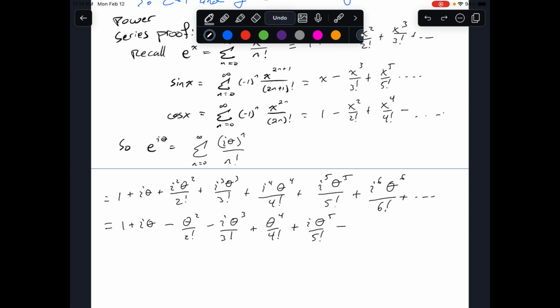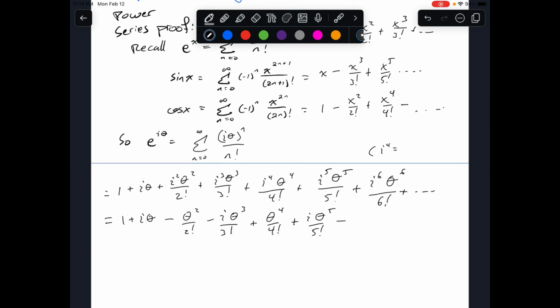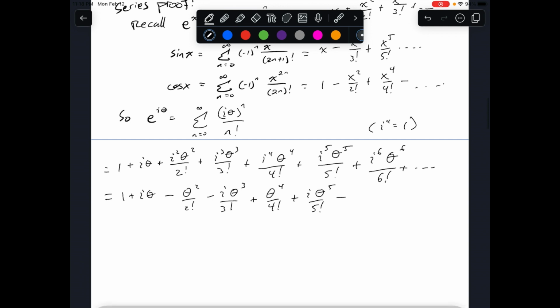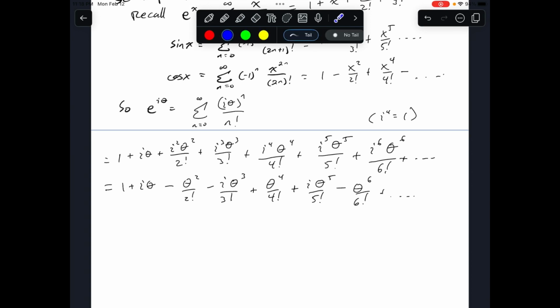I'm going to write that in parentheses. And i to the sixth is basically just equal to i squared. So then this is minus theta to the sixth over 6 factorial, and so on. Okay, so in this series, a bunch of the terms are going to have an i attached to them.